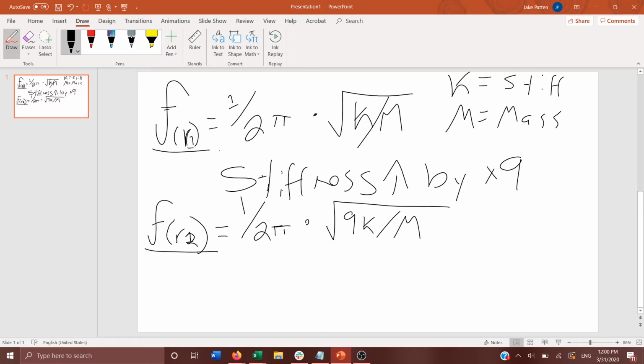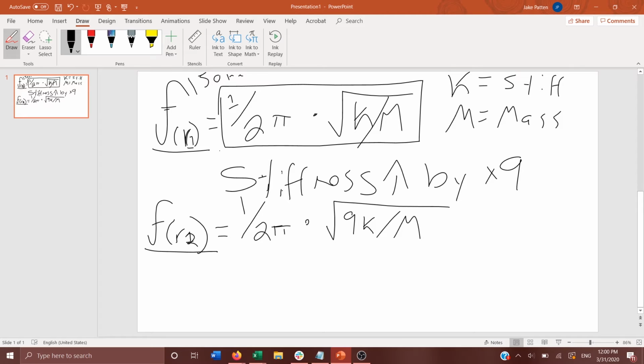One other piece of information is that FR1 is 150 hertz. So we know that 150 hertz is this formula here. We're not given any information about K or M. We're just told that your first resonant frequency is 150. Now stiffness is increased by a factor of 9. What is the new resonant frequency?